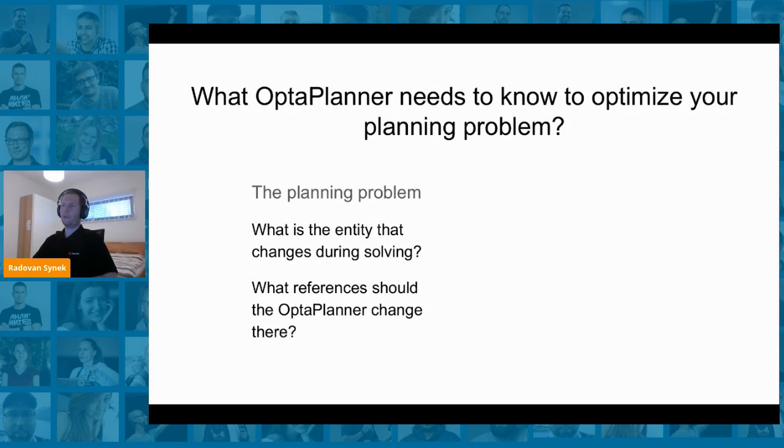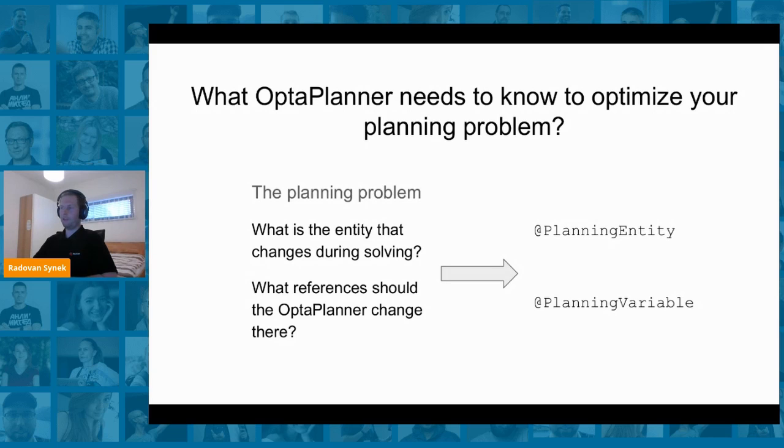As we are talking about optimization AI in Java, we will define our planning problem as a set of Java classes. And when we are creating this problem domain, we have to ask ourselves questions. What is the entity that changes during solving, the planning entity? And in this planning entity, in this class, what references should OptaPlanner change for us?